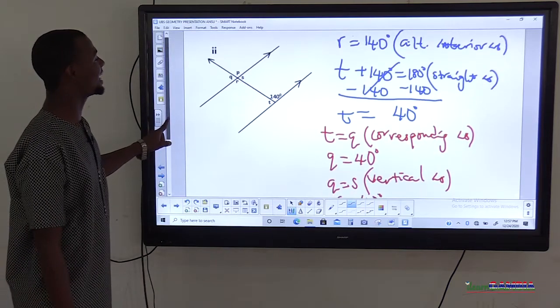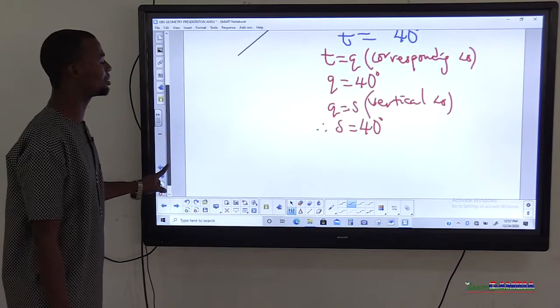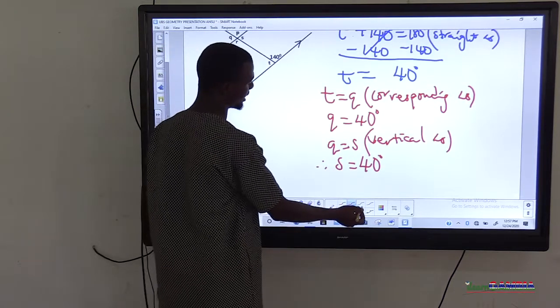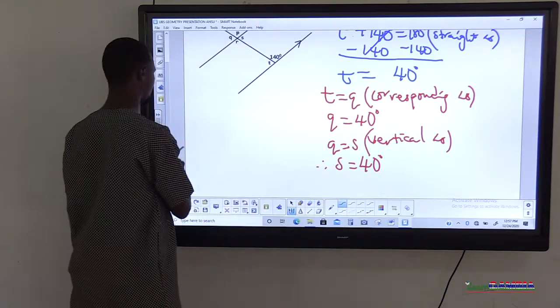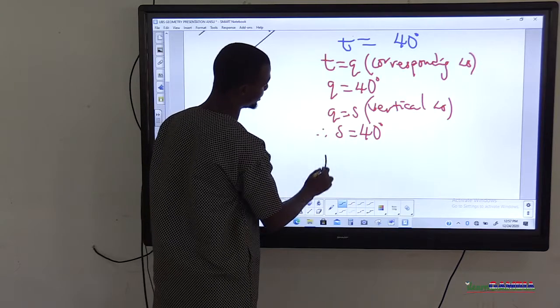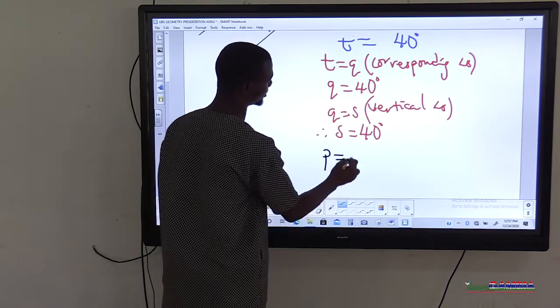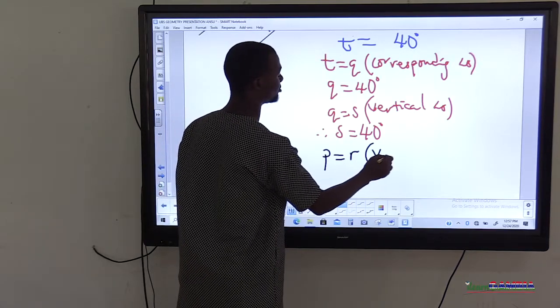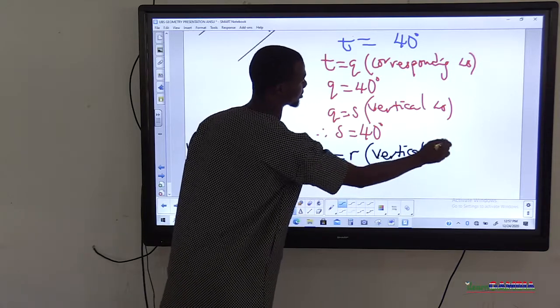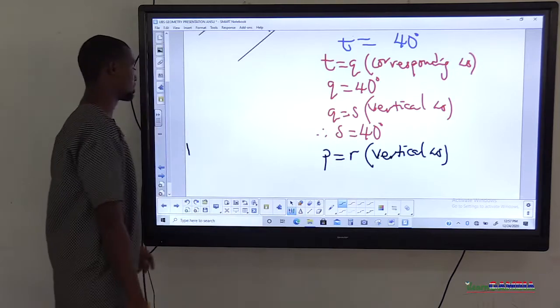Now P. P and R are also vertical angles. So we'll say P is equal to R, reason, vertical angles.